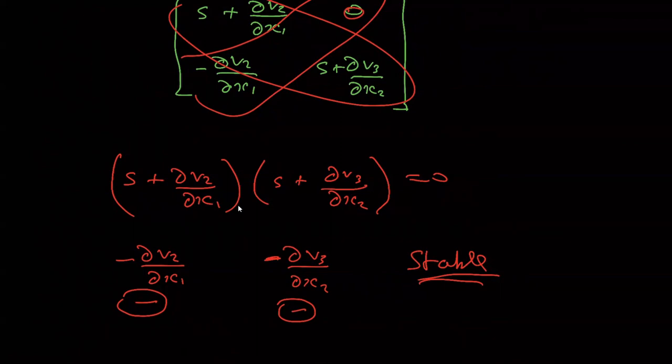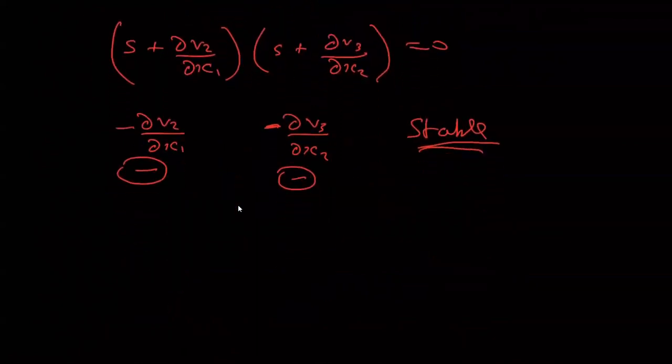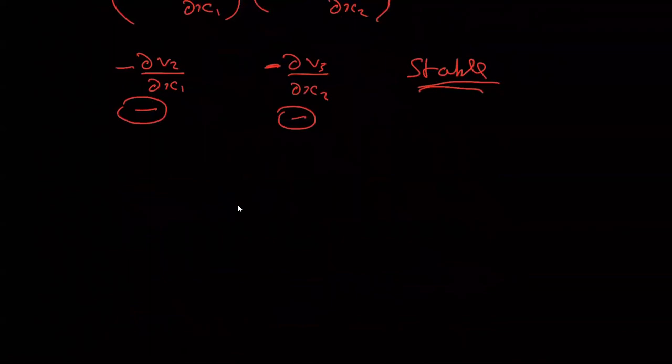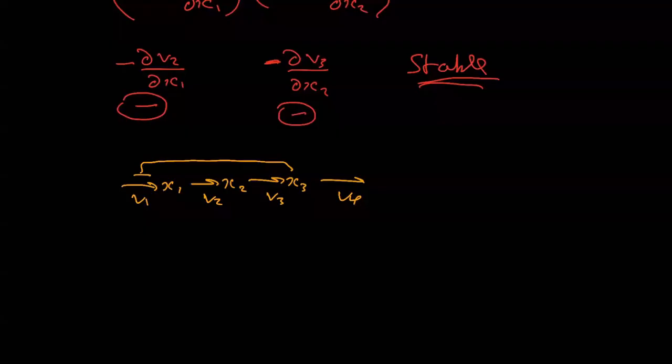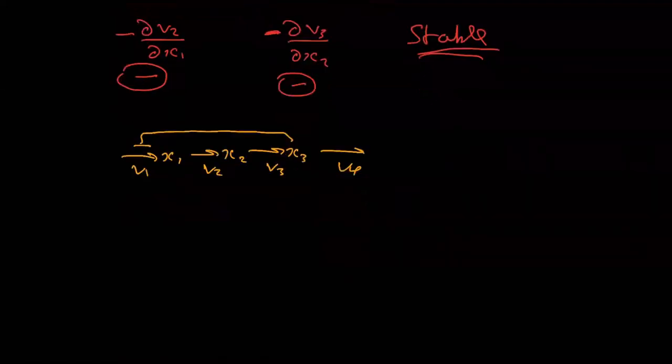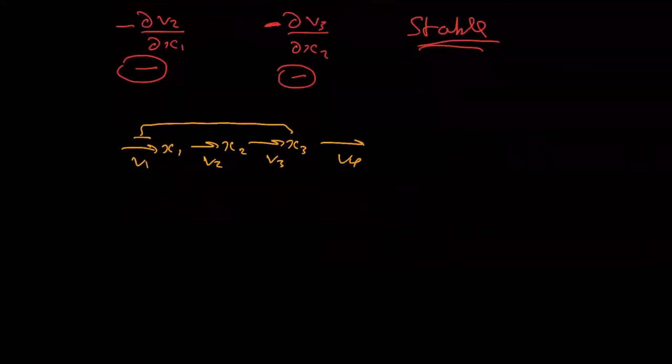Okay, so that's that. Now we come to the 3 state variables, and this gets a bit more complicated. This time we're going all the way back to there. We have V1, V2, V3, V4. Working out the stability for 3 state variables is more complicated.